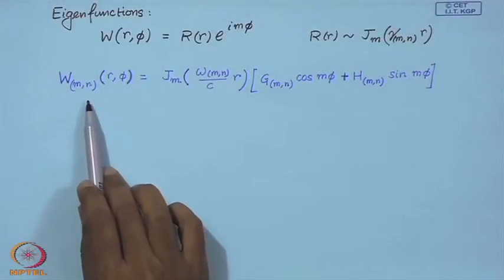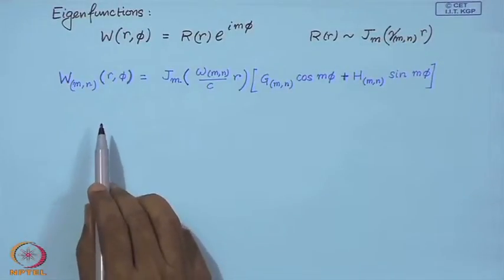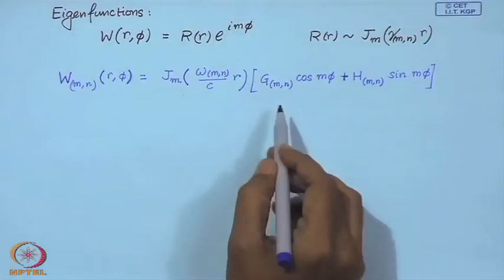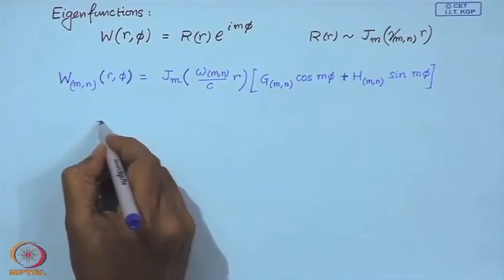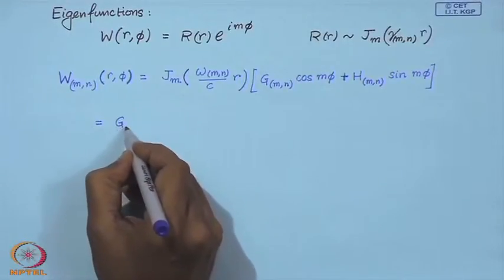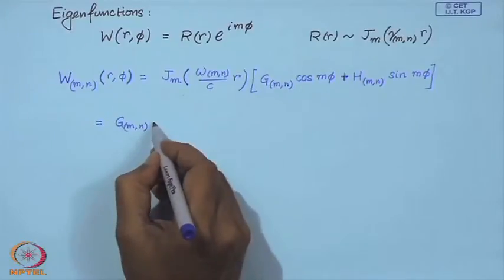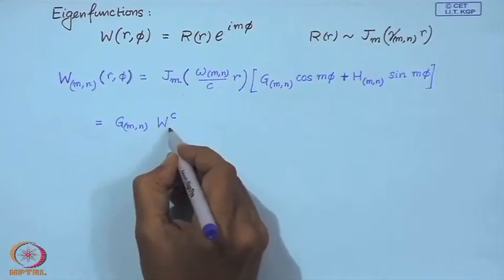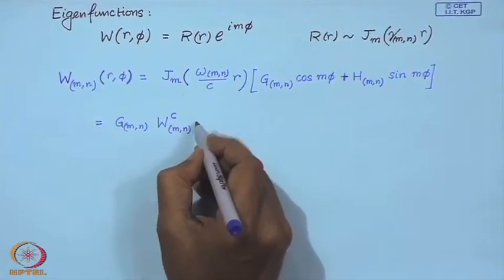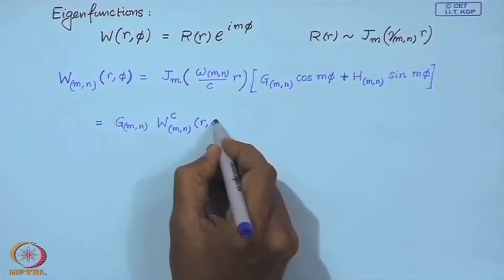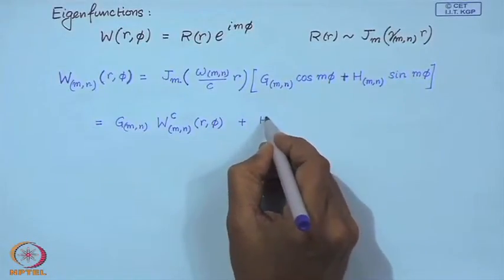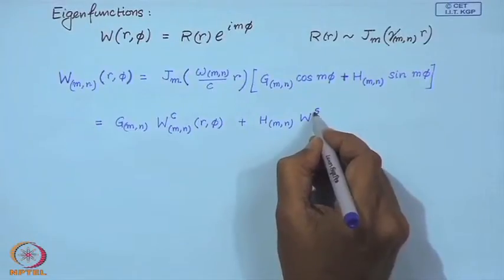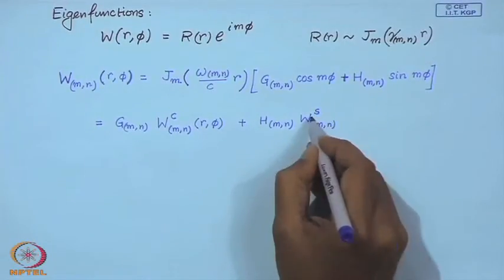So, that is the eigenfunction m n. Now, let us look at this, so here I can write this as... I am introducing another notation.